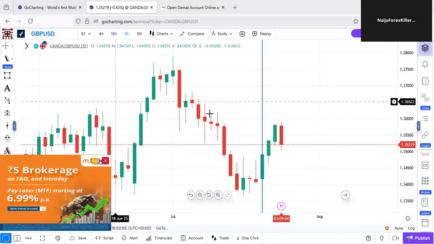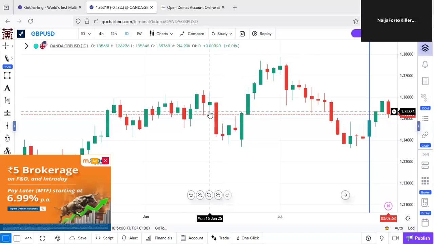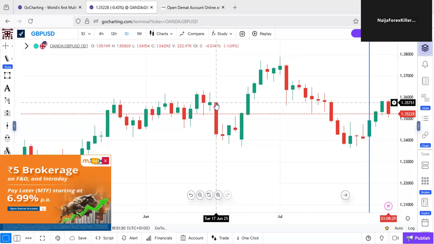So like this one now, this is the lowest, and this is the highest, and this is where the candle closed. Once this candle closed here, the new one, which is another day, will come out, and this one is red.